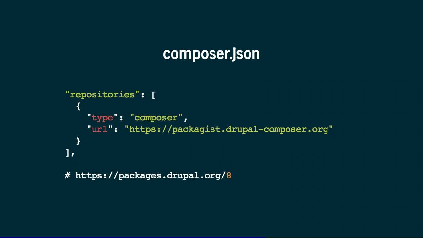But it's still in alpha state, so I would still recommend you keep with packages.drupal composer. What I saw is that Platform.sh switched to Drupal.org packages. Maybe it's time to switch. I'm not sure. If you go to the site, it still tells you it's in alpha. It's up to you. But both sites contain the definition of the module packages.